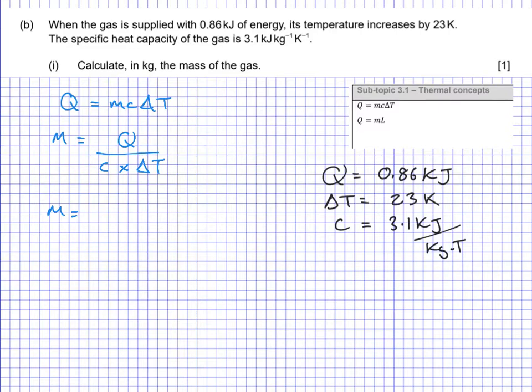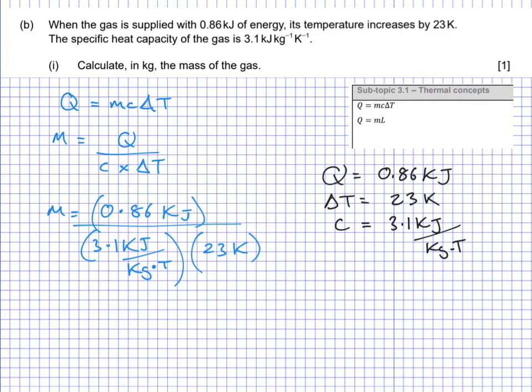So I've got 0.86 kilojoules, which is an energy change, and then that's divided by the specific heat capacity, which is 3.1 kilojoules over kilograms Kelvin, multiplied by the change in temperature, which is 23 Kelvin.